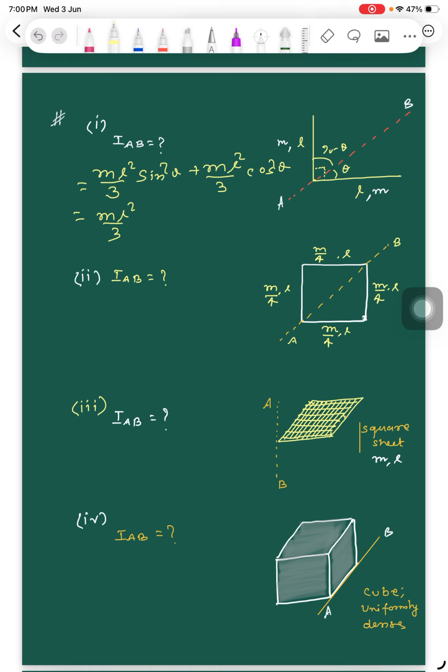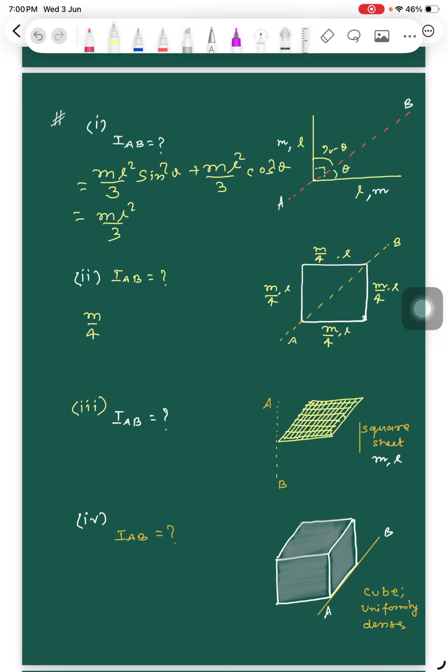And similarly, if we apply the same concept here, we have a uniformly dense frame of a square shape. Each side has length L, each side has mass M by 4, so that means total mass is M. Apply the same logic. For one side you have this angle 45. So for one side about this diagonal, I will be M by 4, L square by 3, sine square 45.